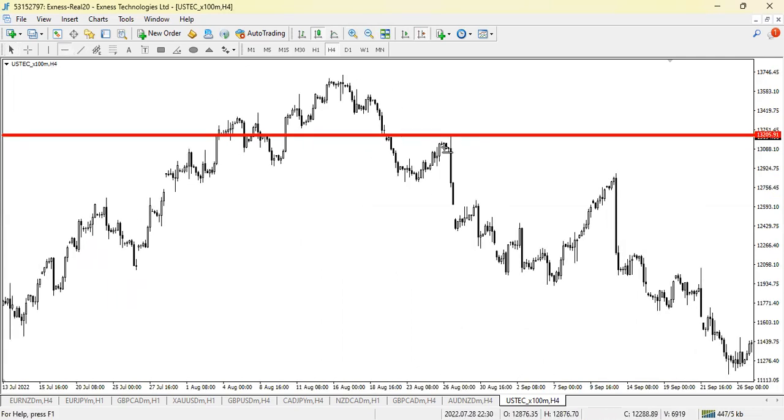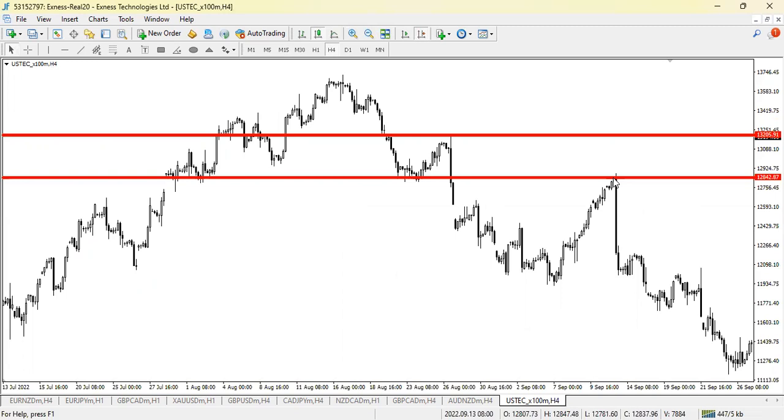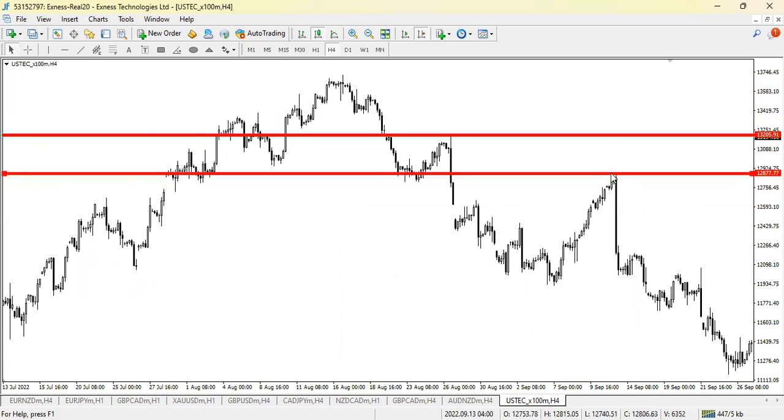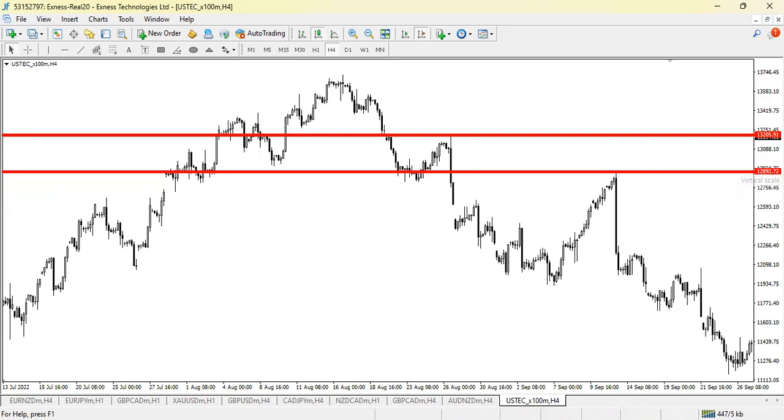If I do this, you will realize it more. Let me put it here at the top. As you can see, it's pretty close, not exactly on 12,900, but pretty close. These are the points that NASDAQ respects, so you can always just put them like that.